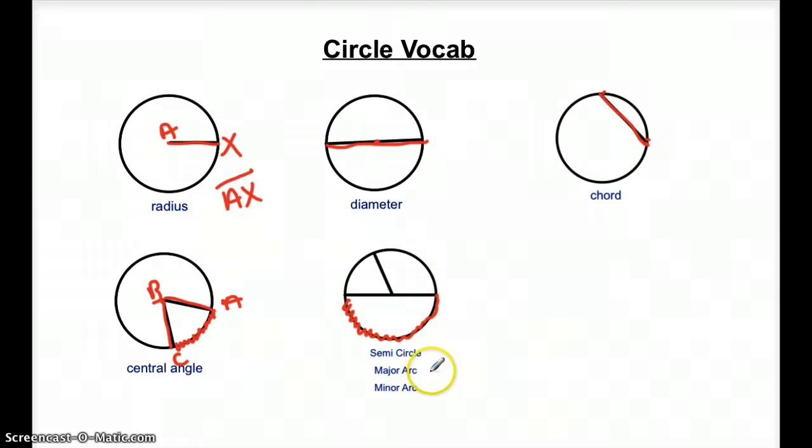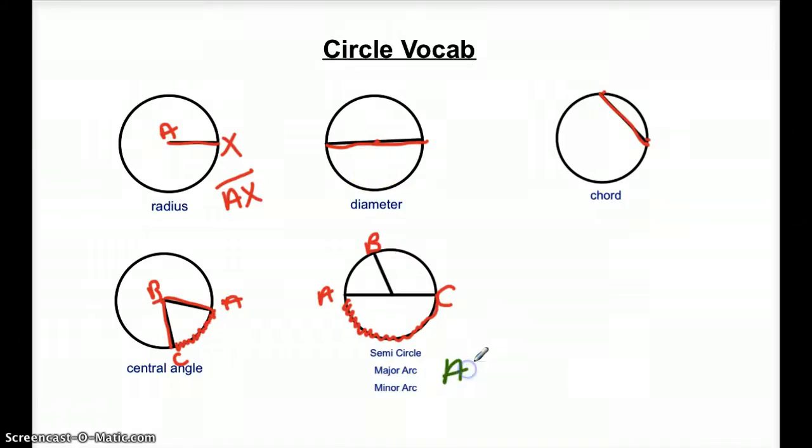A major arc is an arc that is bigger than a semicircle. If I go ahead and name some points on this particular circle, let's call this A, B, and C, then an example of a major arc would be that of arc ACB.